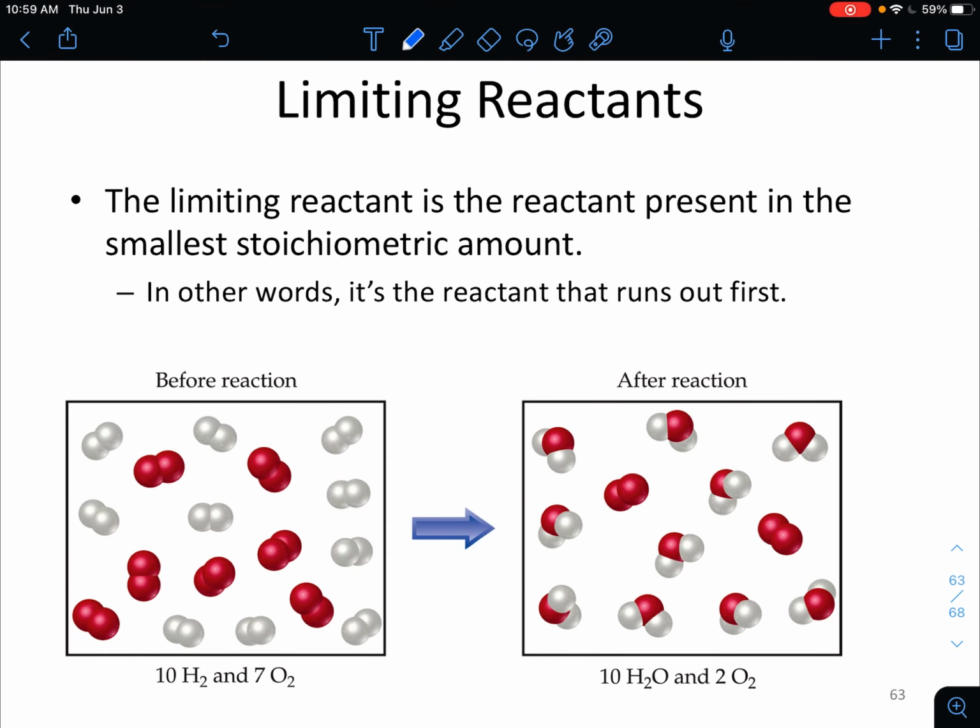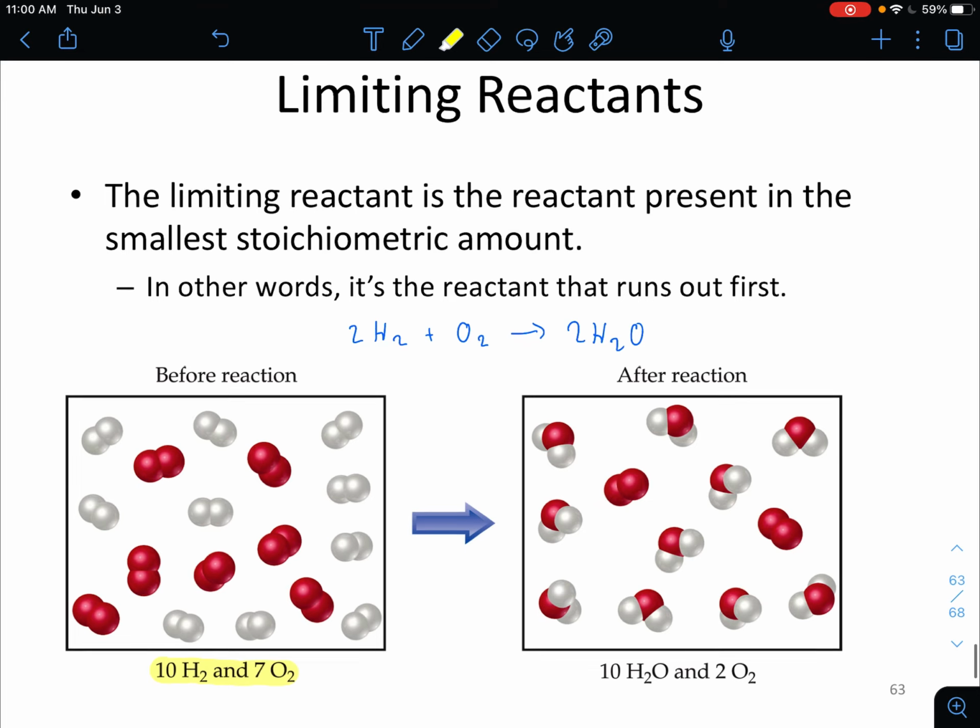Okay, so now we'll leave the cookie world behind and think about a chemical reaction instead. Here we're revisiting 2H2 plus O2 makes 2H2O, and it's telling us we start with a combination of 10 hydrogen molecules and 7 oxygen molecules, and we want to know what's going to happen.